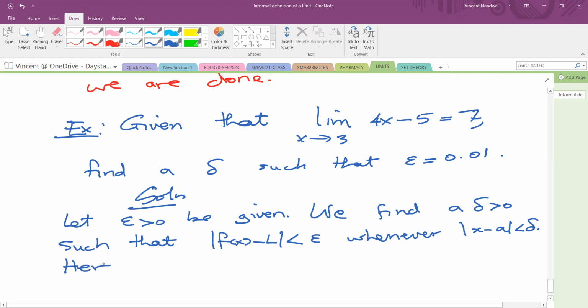Here, f of x is 4x minus 5, L is 7, and a is 3.